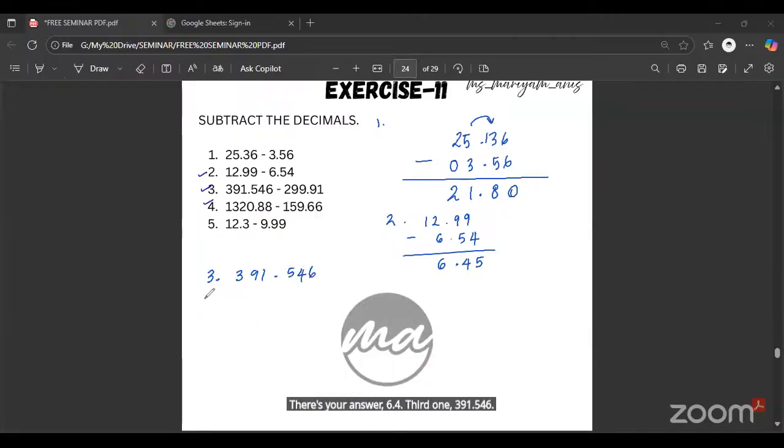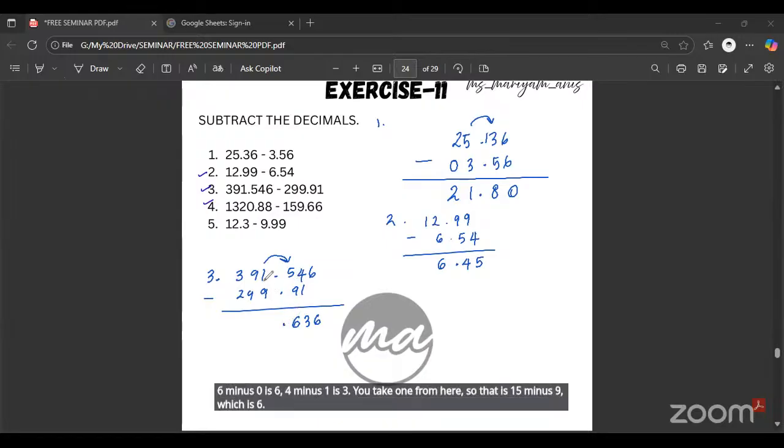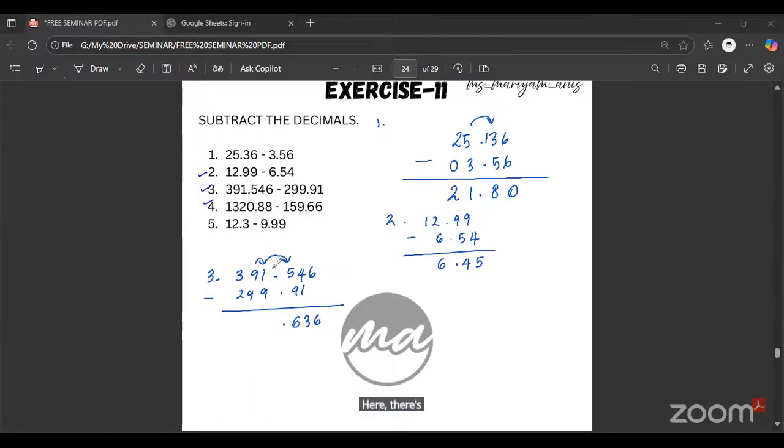Third one, 91.546 minus 299.91. 6 minus 0 is 6. 4 minus 1 is 3. You take 1 from here, so that's 15 minus 9, which is 6. Here there is 0, you take 1 from here. That becomes a 10. 10 minus 9 is 1.